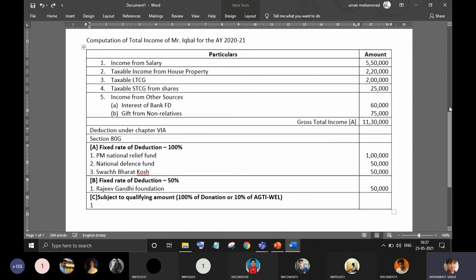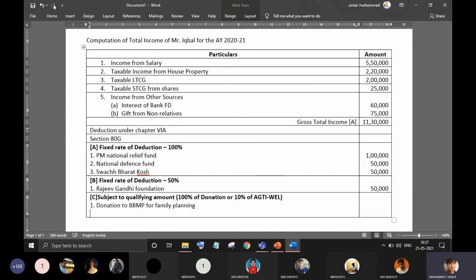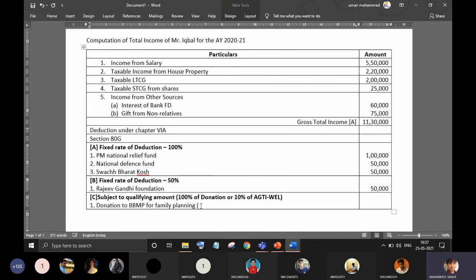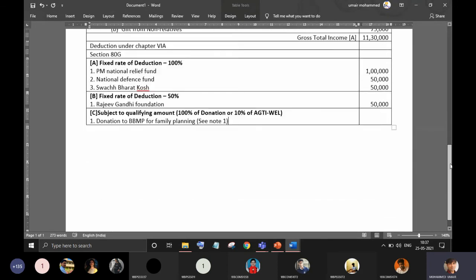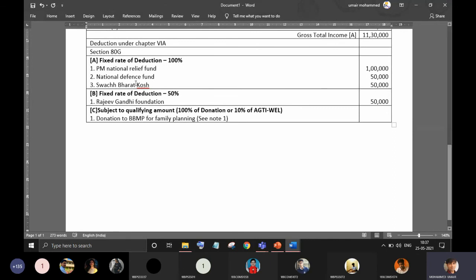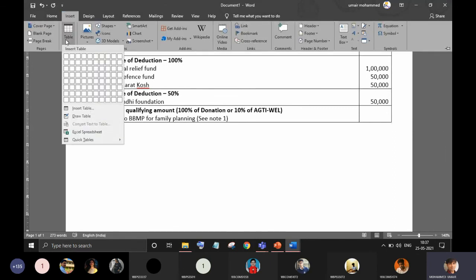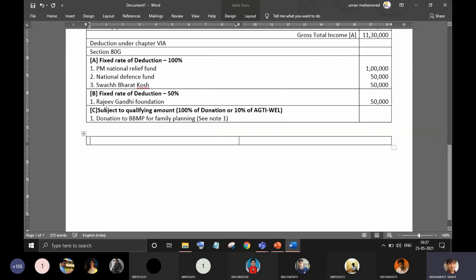So we have to compute the amount manually. So we have to do a note. Note 1, because the idea here is to calculate adjusted GTI, for which we have to do this note. So note 1, note 2.